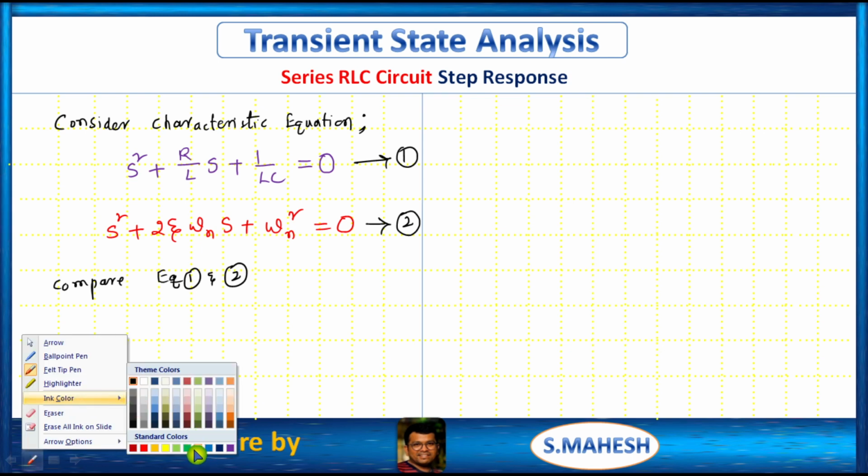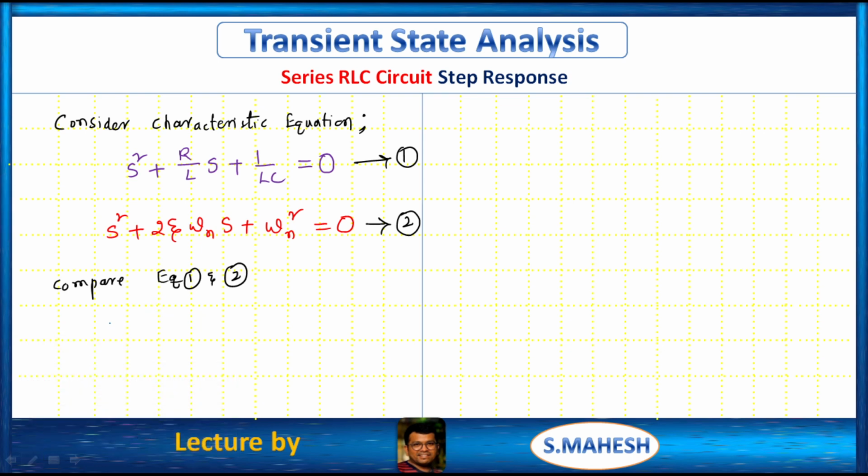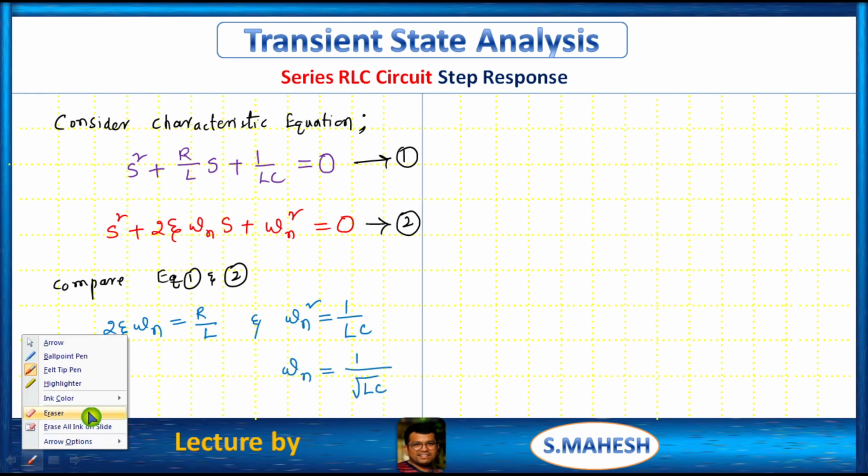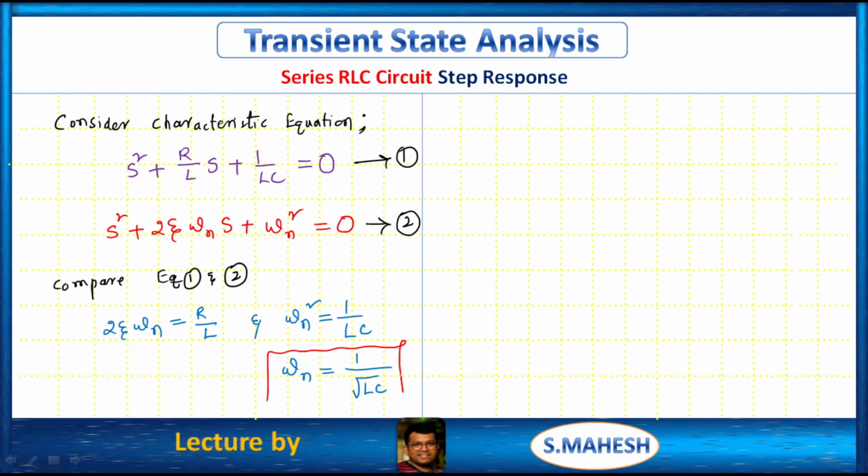Therefore, 2 zeta omega n equals R by L, and omega n square equals 1 by LC. We all know that from this omega n is 1 by root LC. What is the resonance frequency under resonance? 1 by root LC, right?